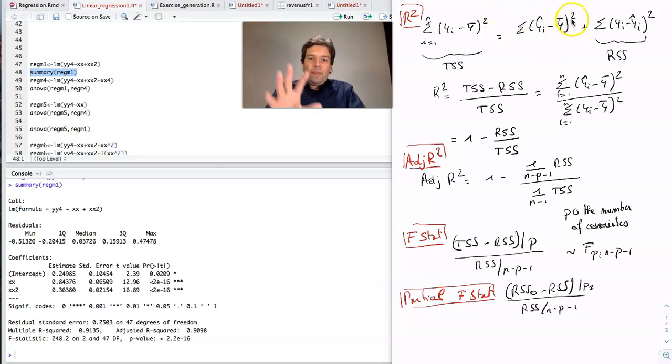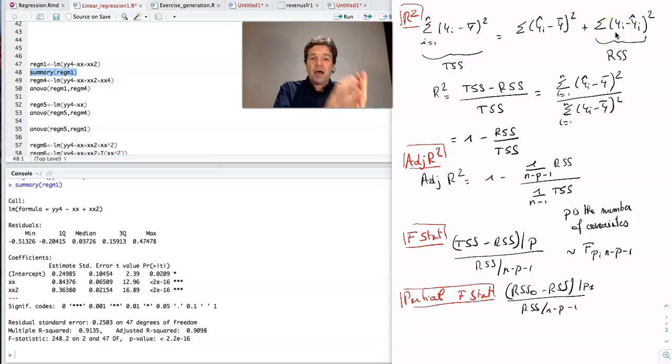Thus, this is this idea of sum of squares, that means dispersion, how dispersed the predictions yi hat are. And here we have the residual sum of squares, that means the sum of squares of the differences between the true Yi's and the predicted yi hats.